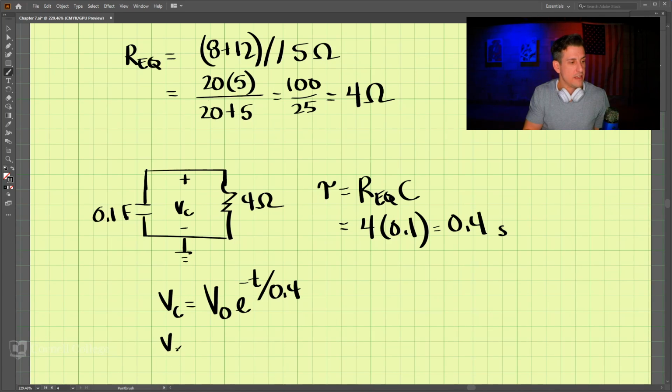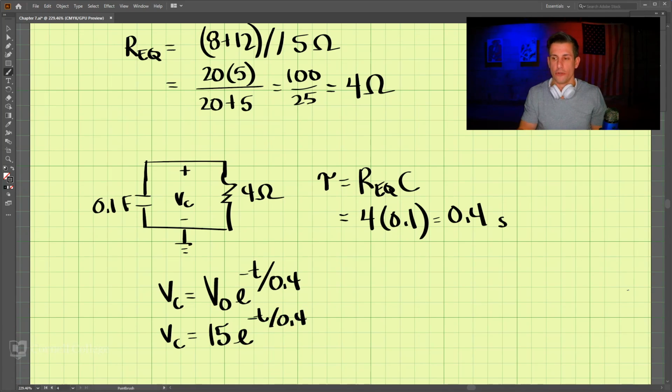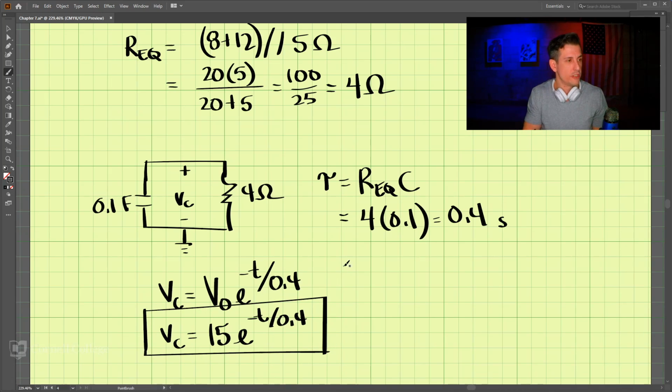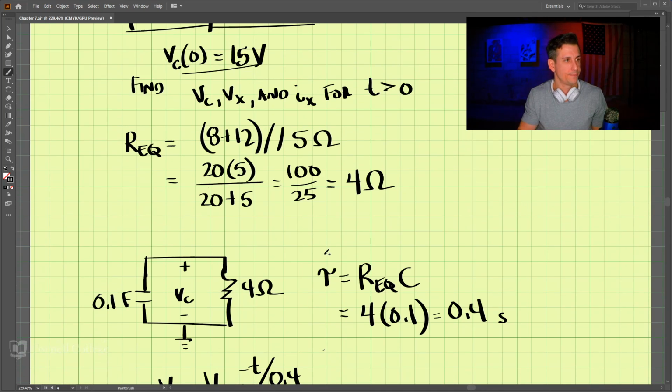So we can write Vc is equal to 15 times e to the negative t divided by 0.4. So that is one of our solutions. That is the voltage across the capacitor.